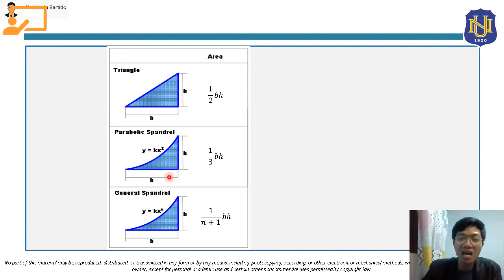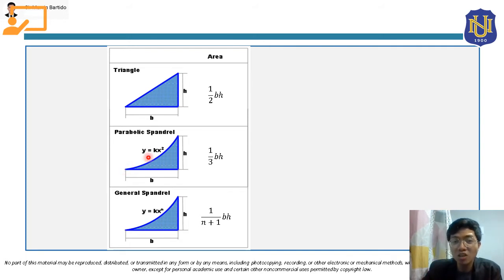Okay, but class, on the other hand, let's say we put a line here. So we put a line here and then consider this line, this curve, and then this line. For this figure, we can solve its area using this formula. Why? Because at this point, this is the vertex, and this point is actually at 0, 0.